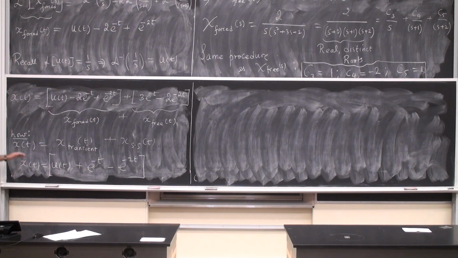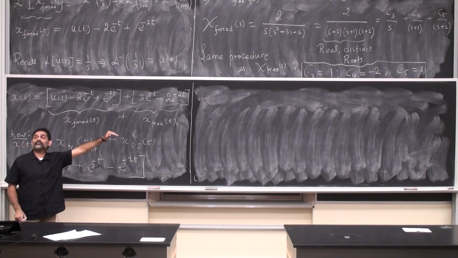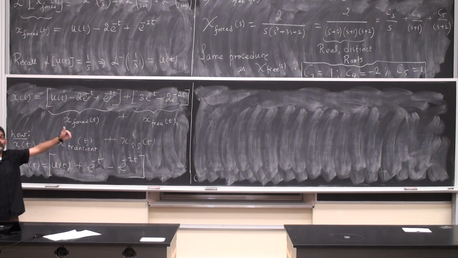This is where I have combined the top two terms. I did not do it here because I wanted to see what was the forced response, what was the free response. Now to go to the next step, what is the transient response, what is the steady state response? I combine all the terms. Sometimes I can combine them, sometimes I cannot. In this case, I'm lucky.